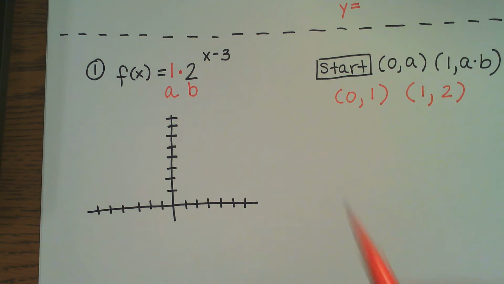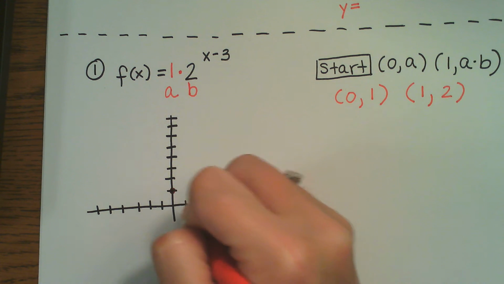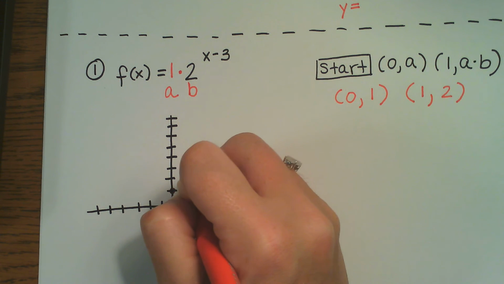And I'm going to put those first 2 dots on there. We're going to start at 0, 1, and 1, 2.